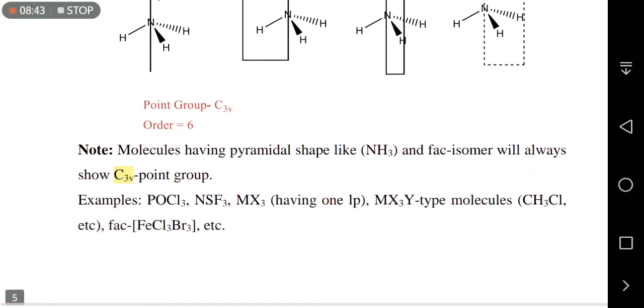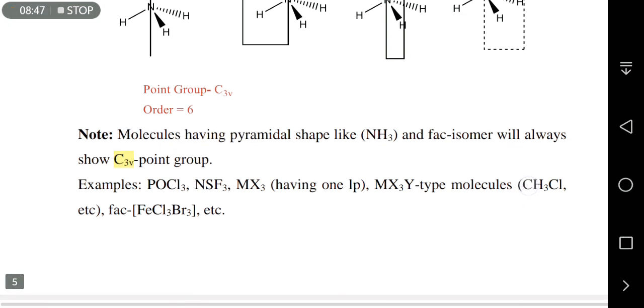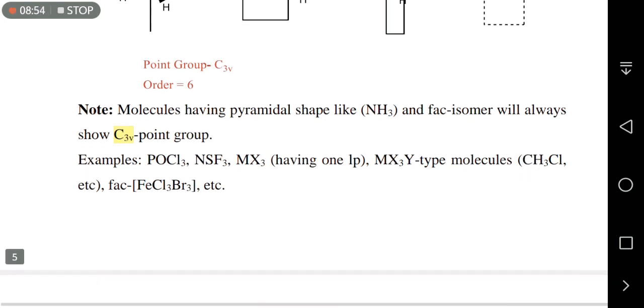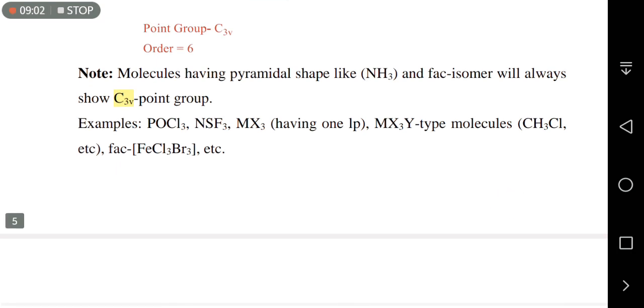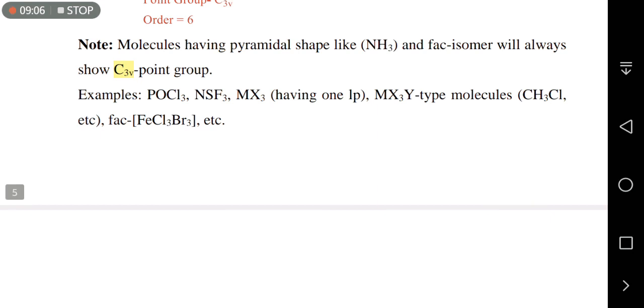Now note here, you can write down that a molecule having pyramidal shape like NH3 and the facial isomer will always show the C3V point group. Okay, you can directly find out the point group of such type of molecule. For example, POCl3. You can draw it. Structure of POCl3, yes, you can do it. What is the structure of NSF3?